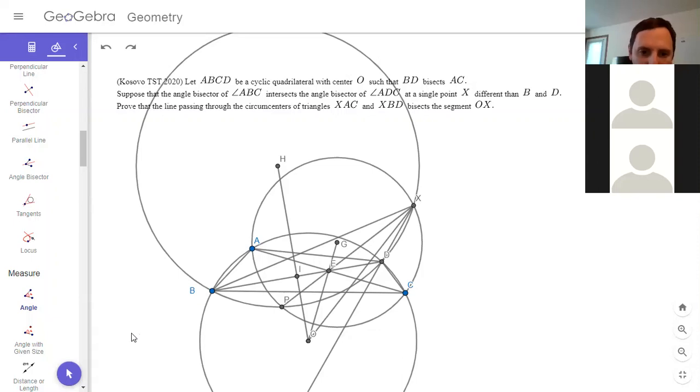Is triangle IPO similar to triangle BEP? I wonder if that's true.